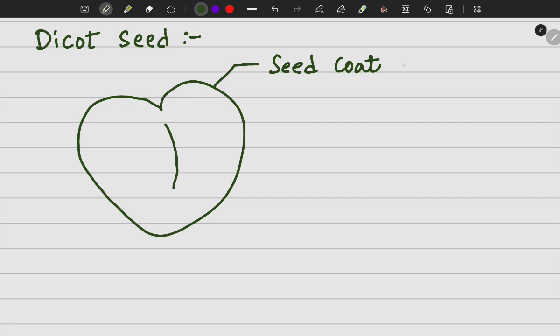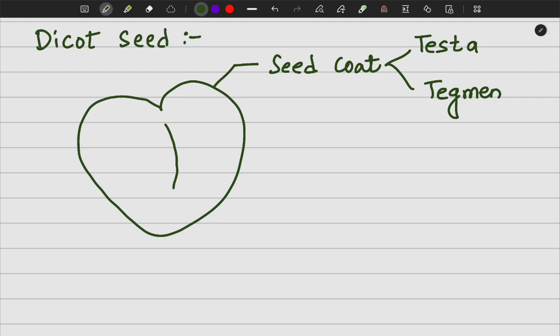And this seed coat has further two parts. The outer part is called the testa, and the inner part is called the tegmen. Both of these constitute the seed coat.